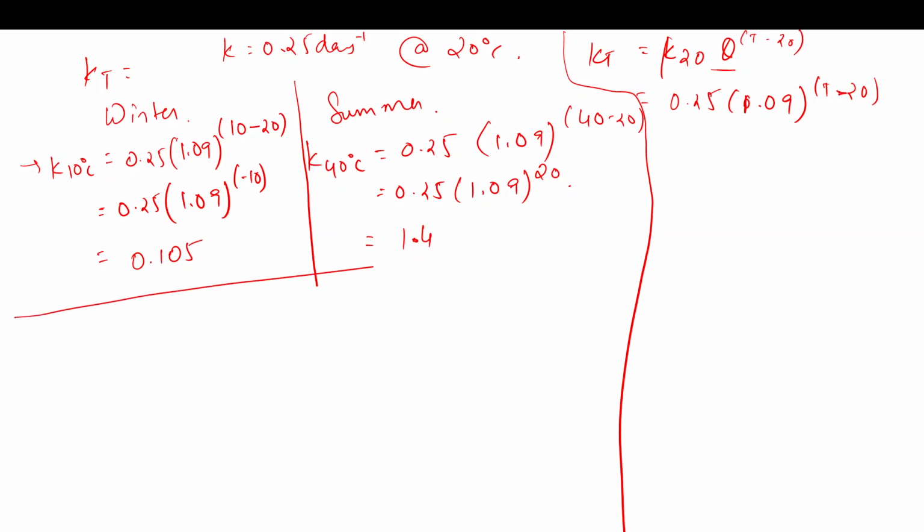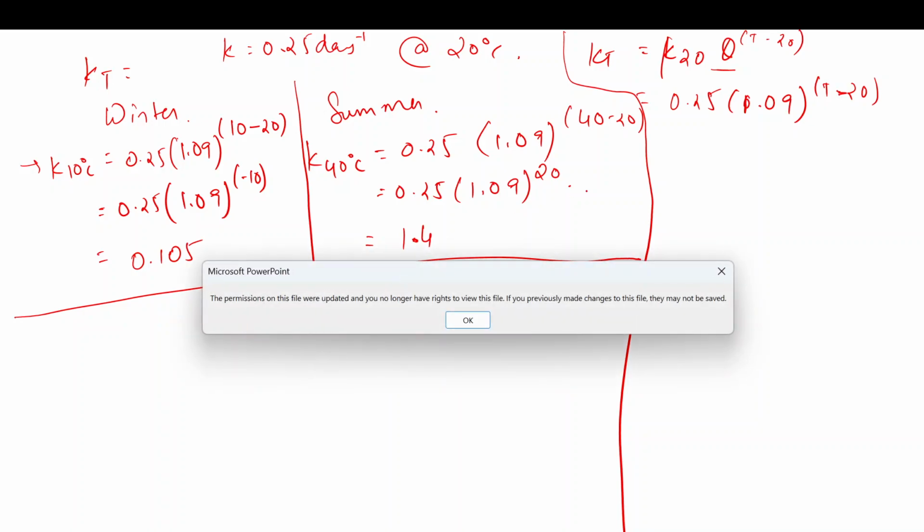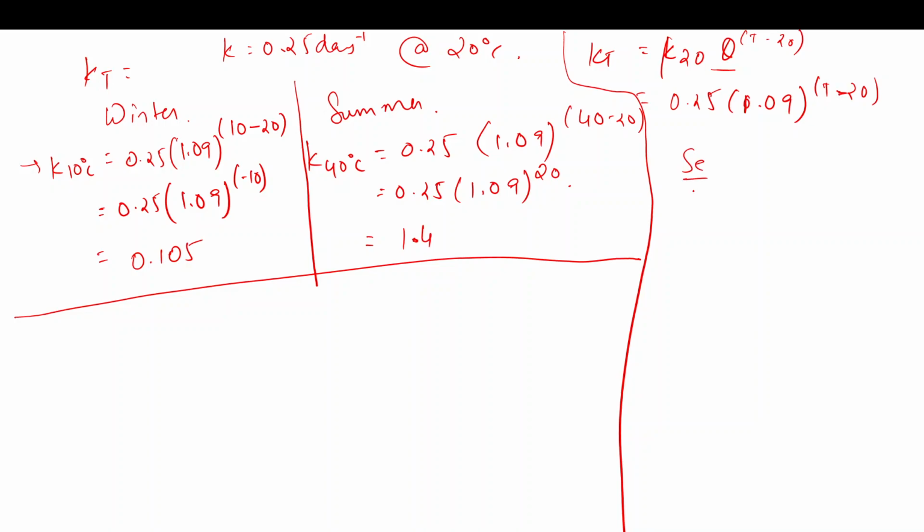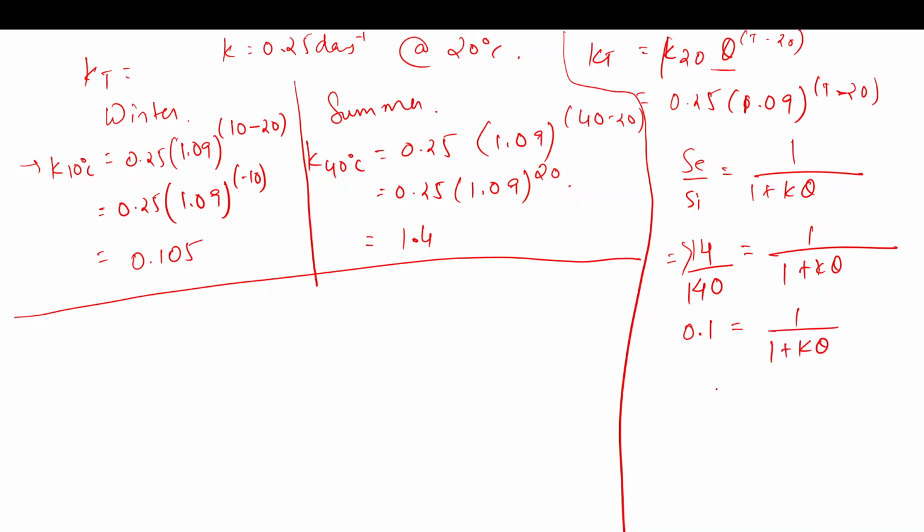Now if we want to find the value of the volume, Sc by Si is nothing but 1 upon 1 plus K theta. K will be different depending on the season, and theta will be different. Sc by Si is 14 divided by 140, the outlet soluble BOD divided by the inlet soluble BOD, so this will be 0.1 equals 1 by 1 plus K theta.